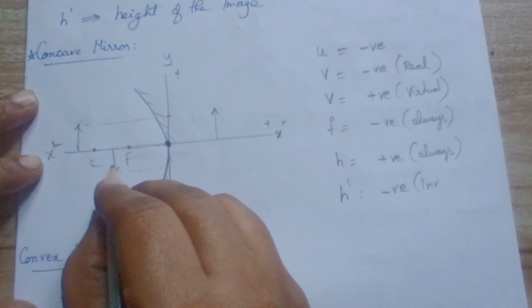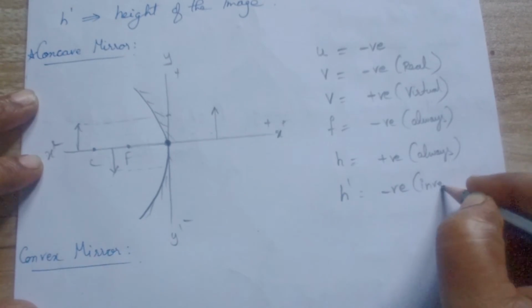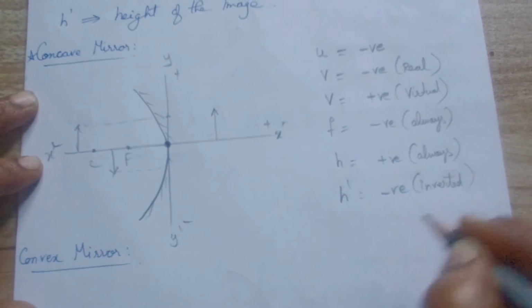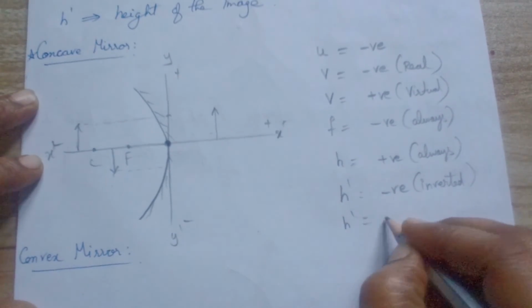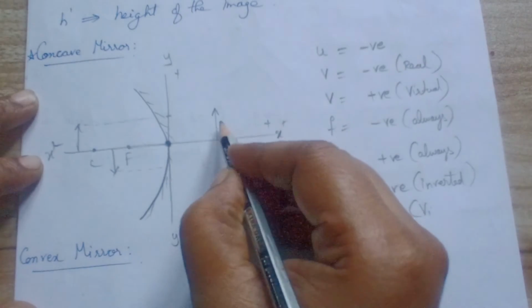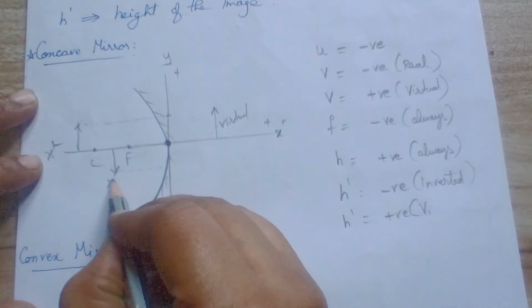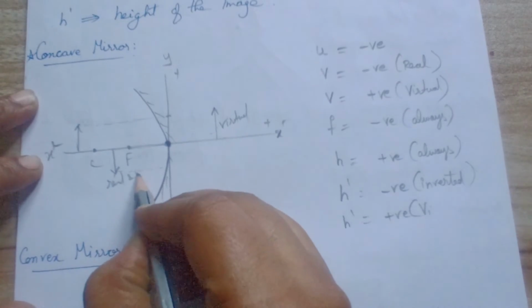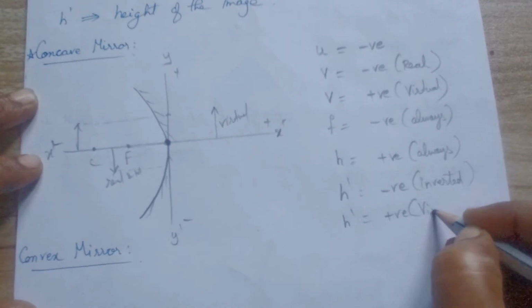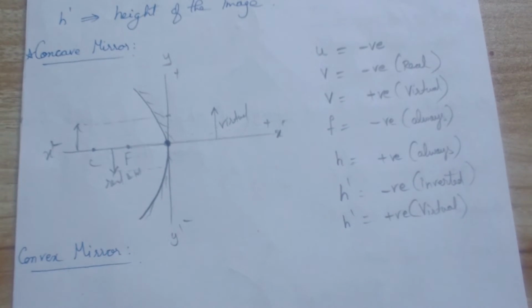Real and inverted, in this downward direction. h dash is positive when it is a virtual image. This is your virtual image, right? This is your real image, real and inverted. Clear on this? Okay, this is your sign convention in case of concave mirror.